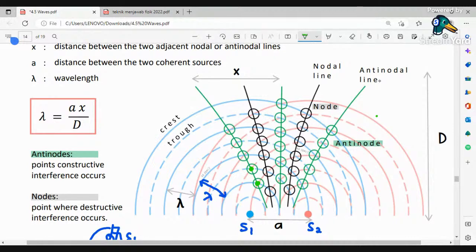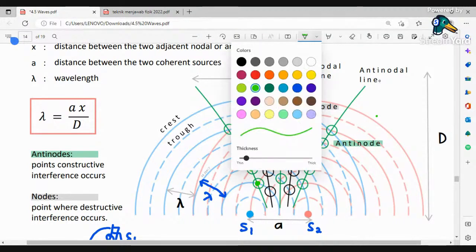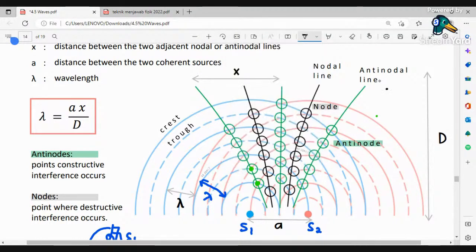Let's look at this side, the black color one. The black color, this is crest meets trough. Crest meets trough here. Trough meets crest. So there is a constant phase difference. This will produce destructive interference, and the points here we call nodes. If you join the points using a line, this line we call the nodal line.